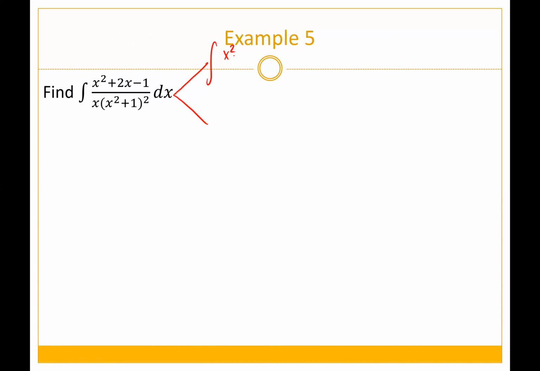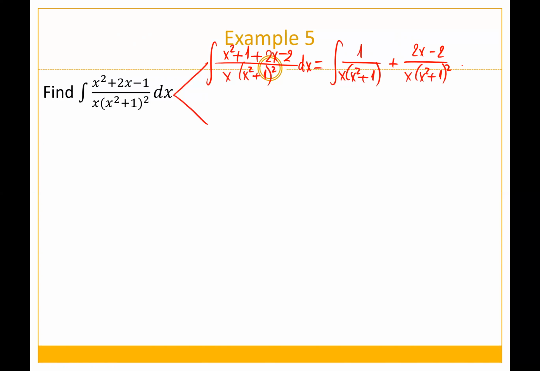Say you write this one as (x squared plus 1 plus 2x minus 2) over (x squared plus 1) square dx. And so this one can equal 1 over x squared plus 1 plus (2x minus 2) over (x squared plus 1) square dx.